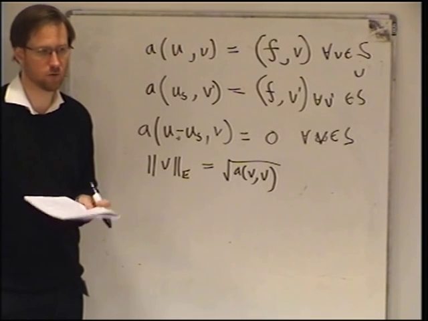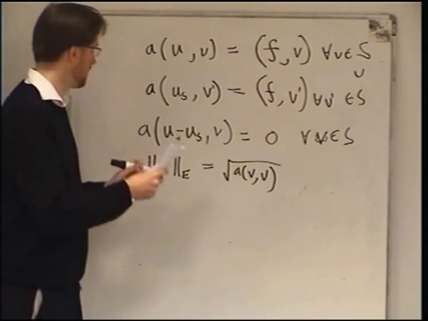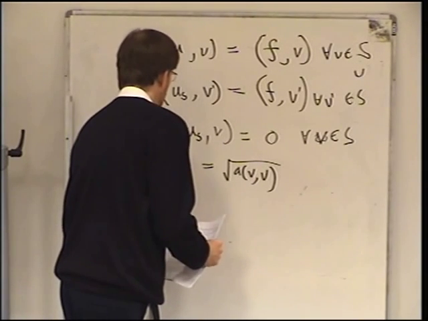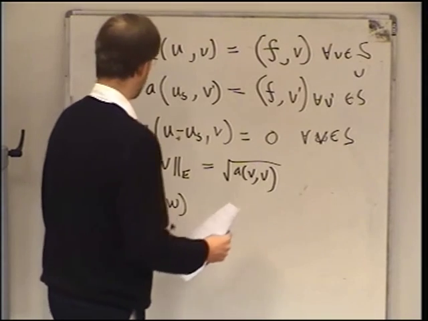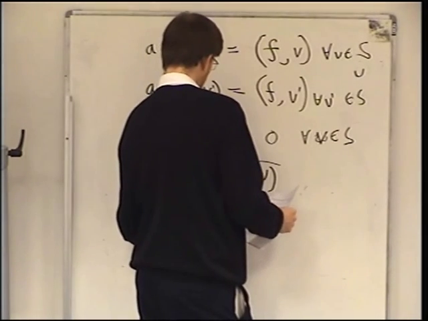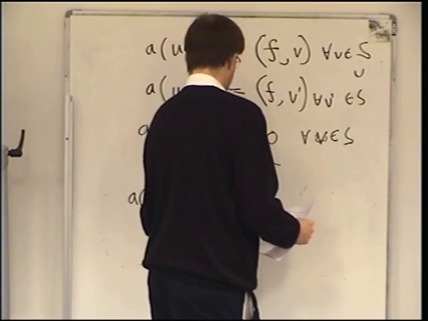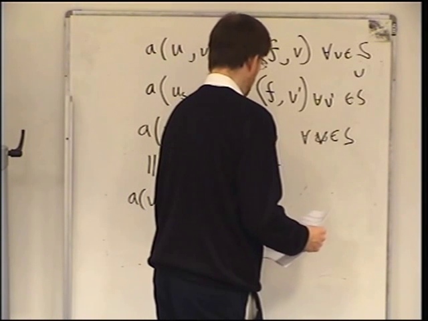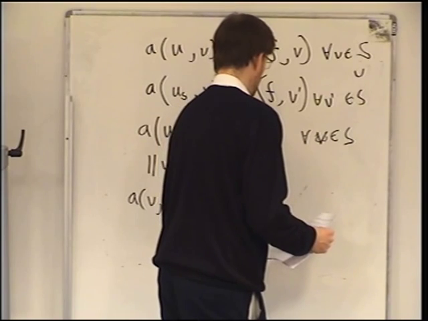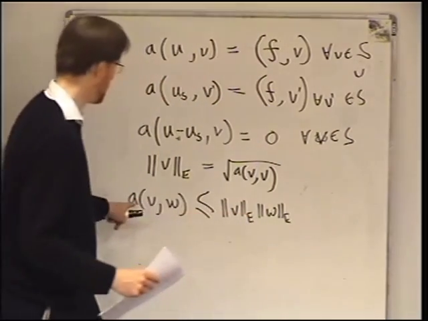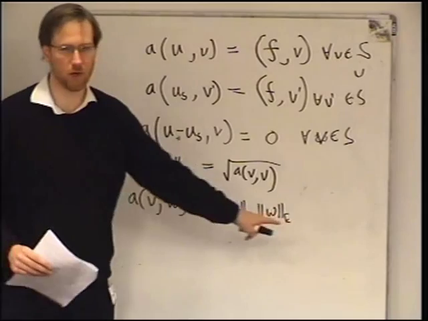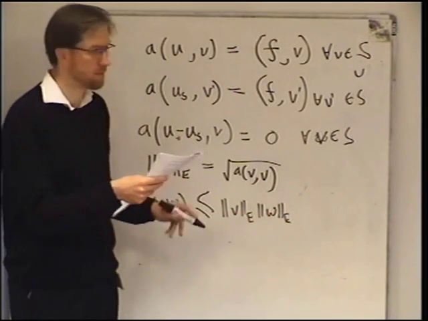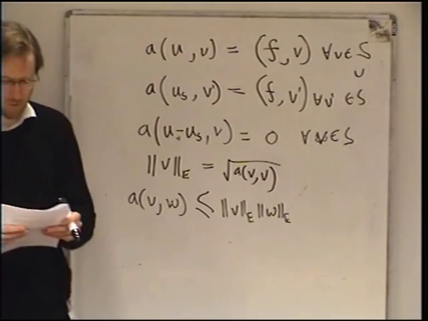The Cauchy-Schwarz inequality says that if I have the inner product of two vectors, by which in this case we mean functions, then that is less than or equal to the norm of the first one times the norm of the second one, where the norm here is the norm induced by this inner product. That's what we learned last time. And now we're going to use it to say something about the errors that we've got.